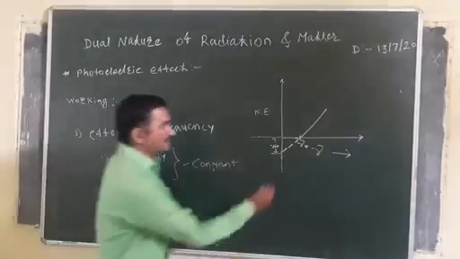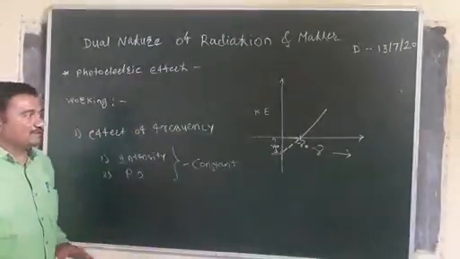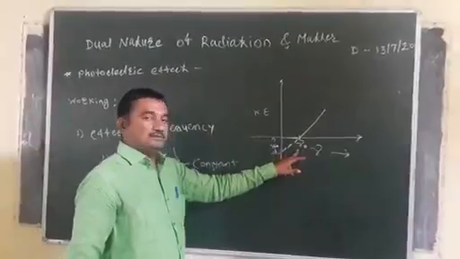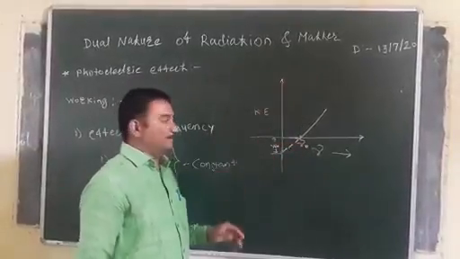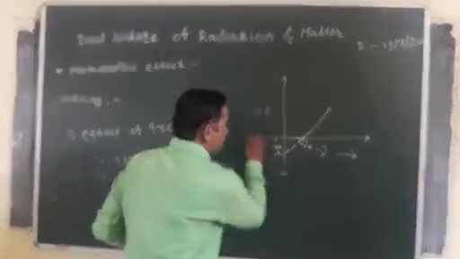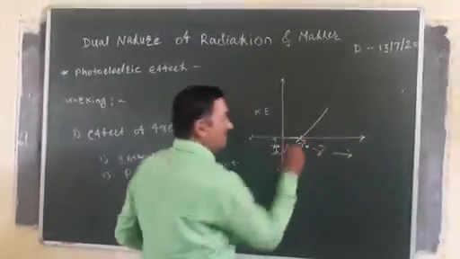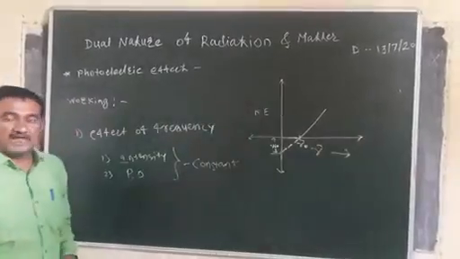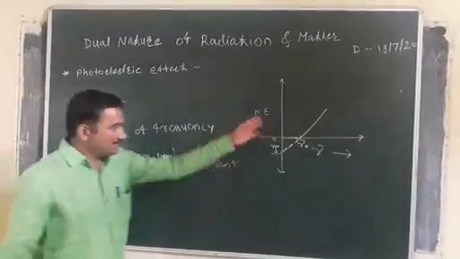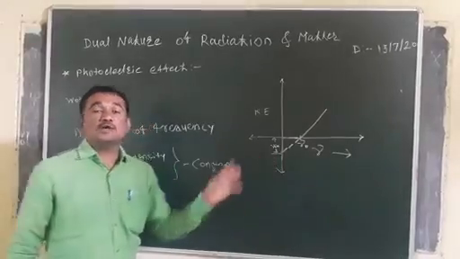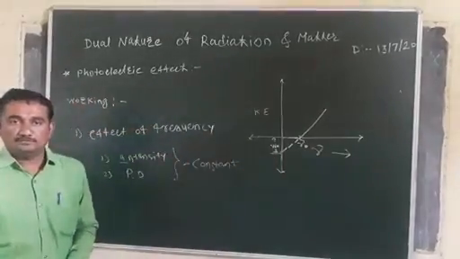At lower frequencies there is no photoelectric current because photoelectrons are not emitted. In this graph, the intercept on the positive x-axis gives the value of nu zero, that is threshold frequency, and the intercept on the y-axis gives the value of work function, that is W zero.